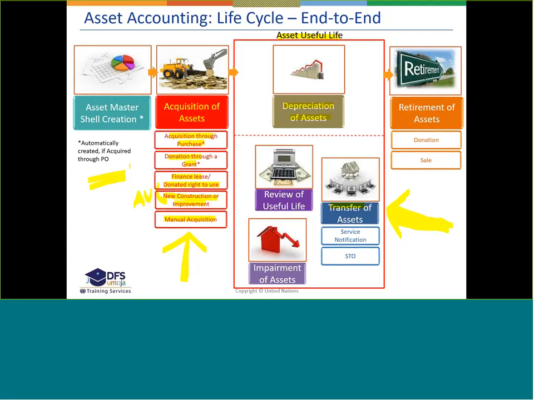I'm not sure I understand the question, but basically, once we review the different IPSAS capitalization criteria, we will see that if we have control of an asset for more than 1 year, and the value of the asset is above the capitalization threshold, we should have the asset recorded. So there should be an acquisition process, maybe a manual acquisition related to donation, but let's see down the road if, with the following information, you understand it better.